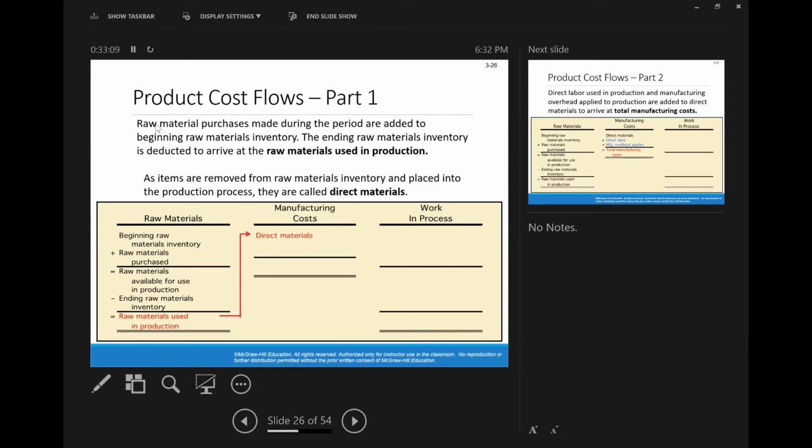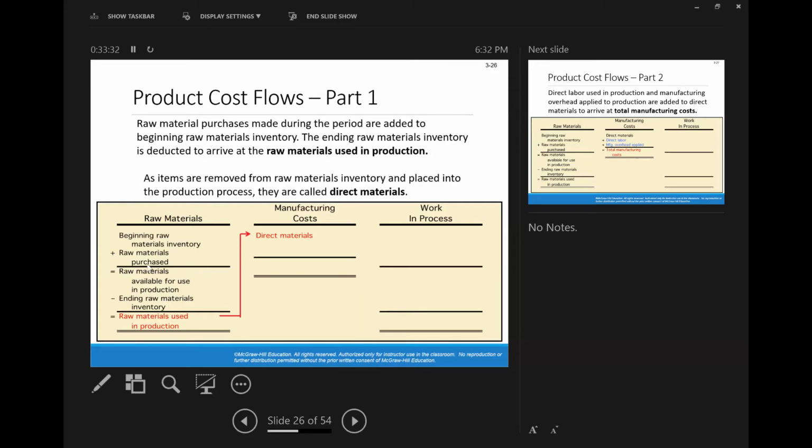A lot of times they will tell you what you have left in ending material. They won't tell you how much you used. If they do that, you just subtract what's ending to get what's been used in manufacturing. If they tell you how much has been manufactured and they want to know the ending, then you just subtract what's been manufactured from available to get the ending inventory. Does that make sense?